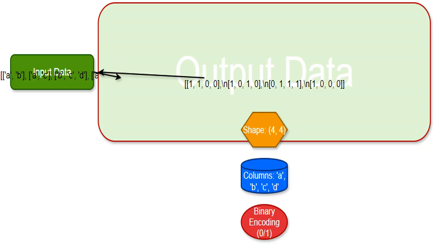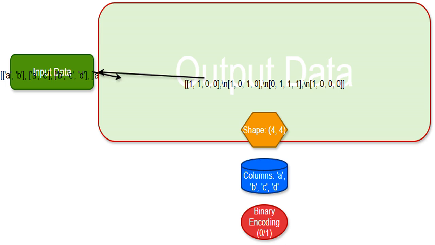This is the actual output matrix produced by MultiLabelBinarizer. Let's analyze each row. Row 1, 1, 1, 0, 0, represents A, B, showing A and B are present. Row 2, 1, 0, 1, 0, represents A, C, showing A and C are present.